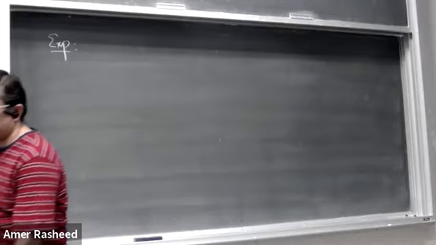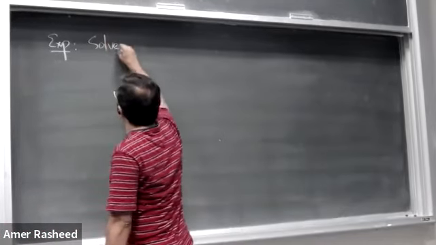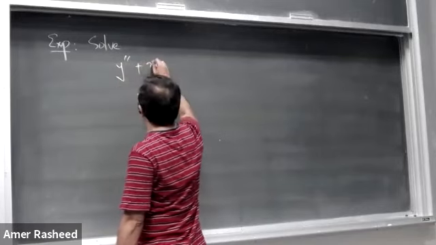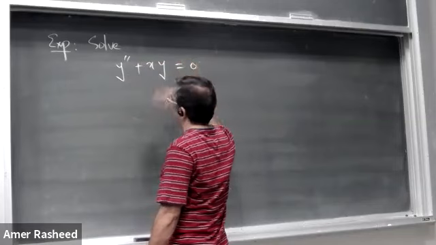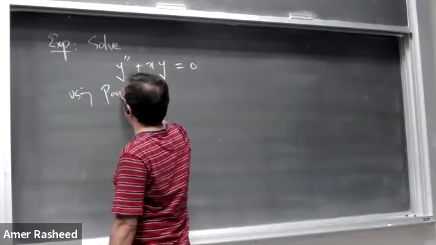Okay. Now let us discuss very quickly an example. We'll discuss other things in the next lecture, existence or some other thing. We need to solve the following differential equation: y double dash plus xy equal to 0 using power series method. Using power series.